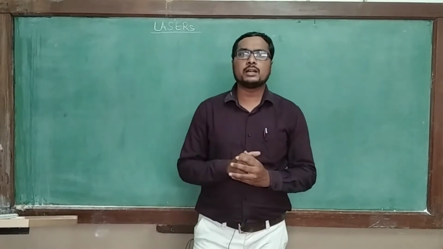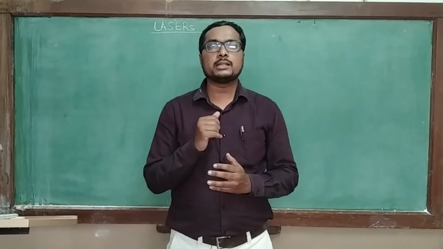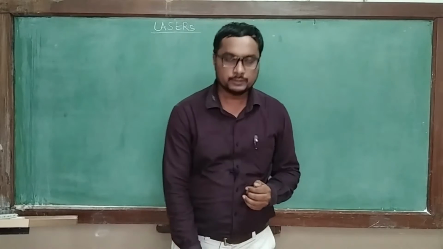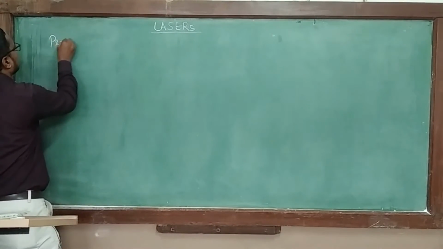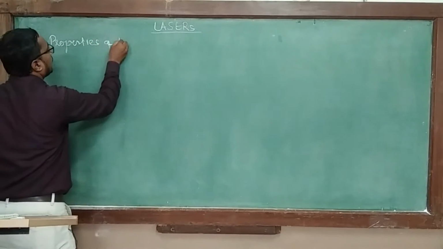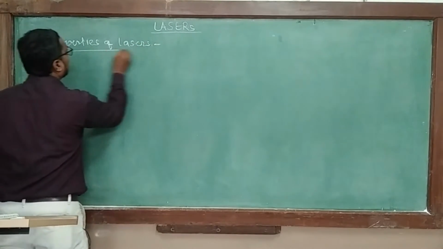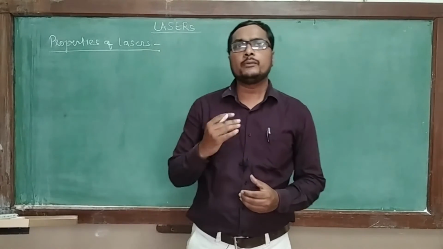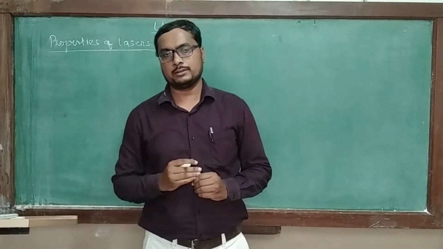So in this lecture, we are going to study the characteristics of lasers or properties of lasers in detail. So let us see the properties of lasers. We know that the conventional light sources emit light in all directions.